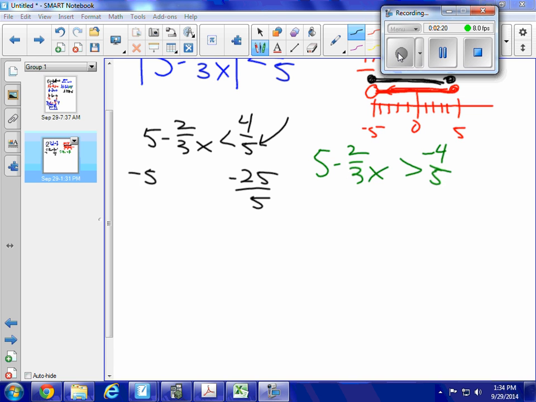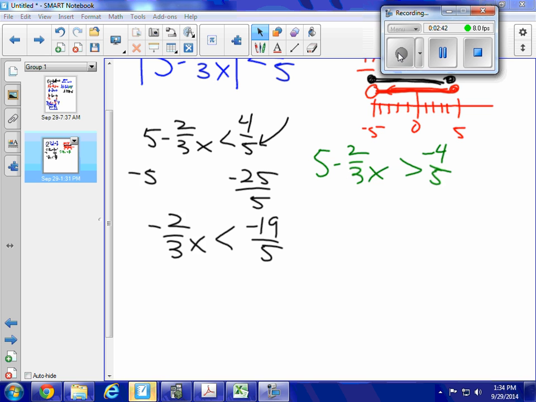So now I have negative 2/3 x is less than, well, negative 25/5 and 4/5 should give me negative 19/5.